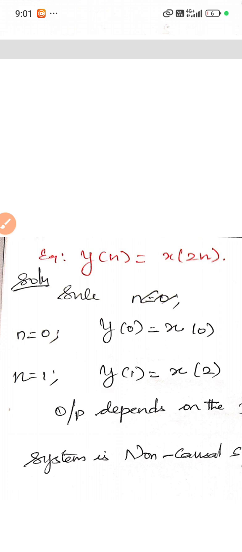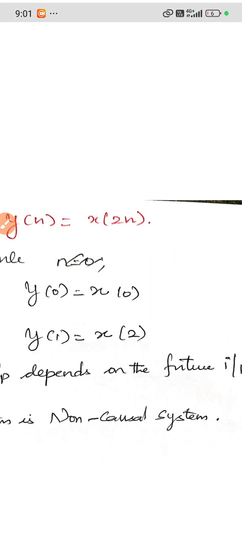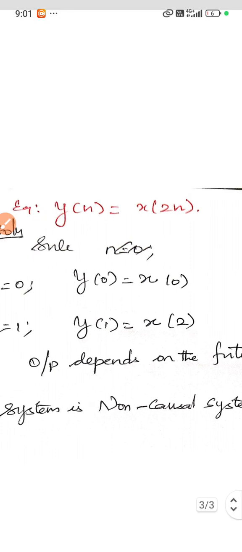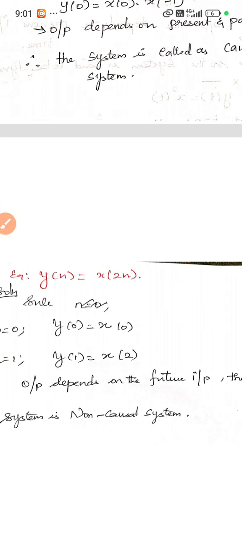Here the output depends on the future input. Presently we are giving the input as 1, but it depends on the future value x of 2. So if a system depends upon a future input, we call it a non-causal system. I hope you understand. Thank you.